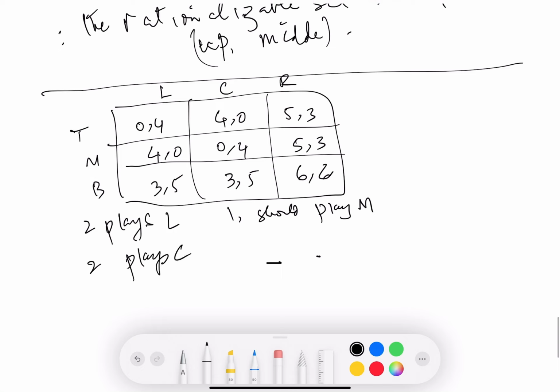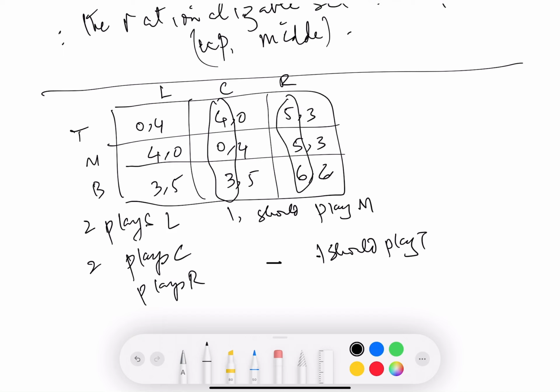2 plays C, what should you do? What should 1 do? If 2 plays C, this is what I'm looking at, right? 1's payoffs. 1 should play T. If 2 plays R, what should 1 do?